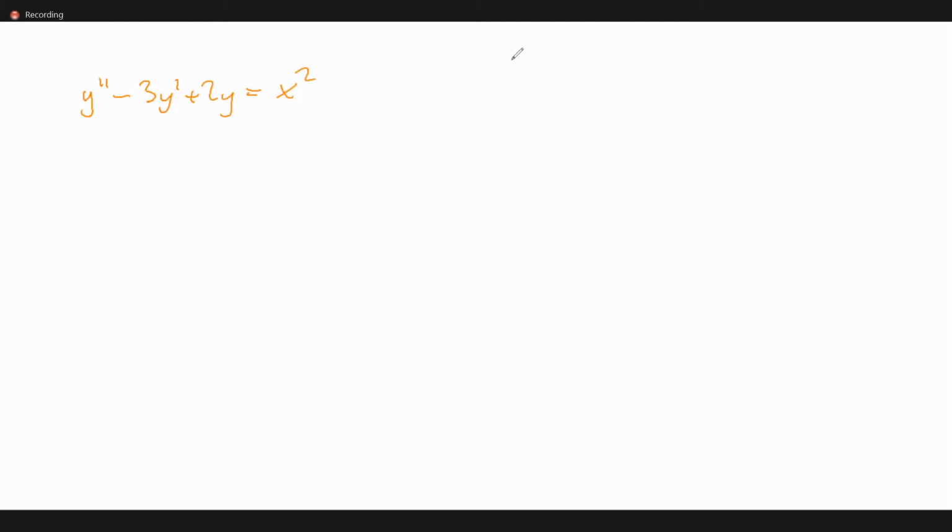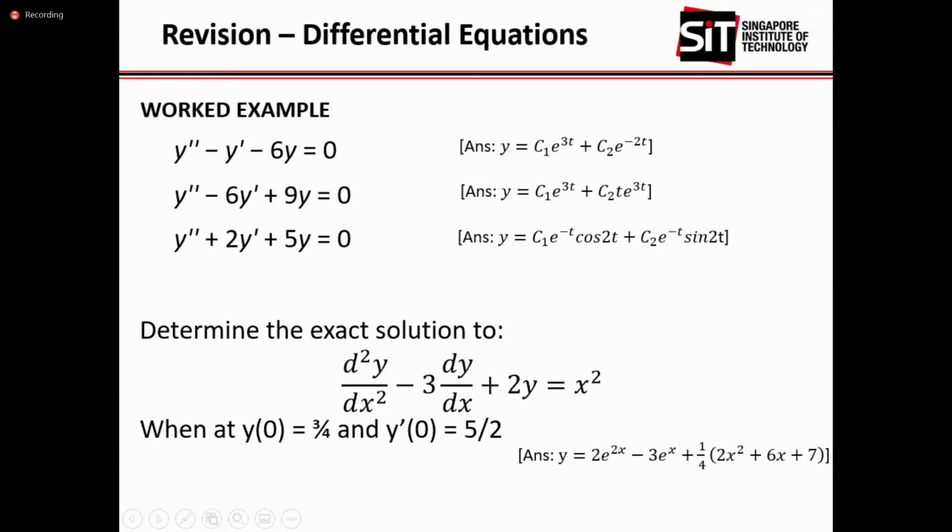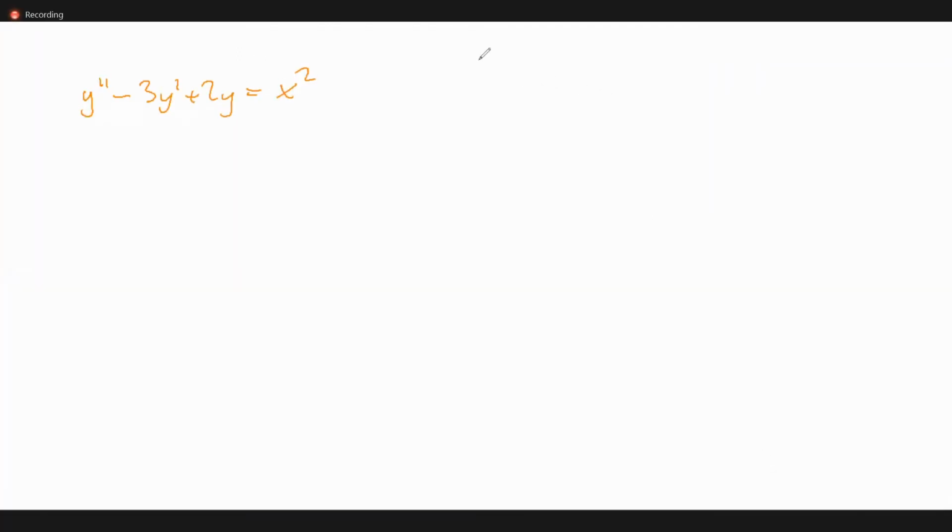And I think this may also be an initial value or boundary condition. Yes, so we have the initial conditions that y of 0 is equal to 3/4 and y prime of 0 is equal to 5/2.